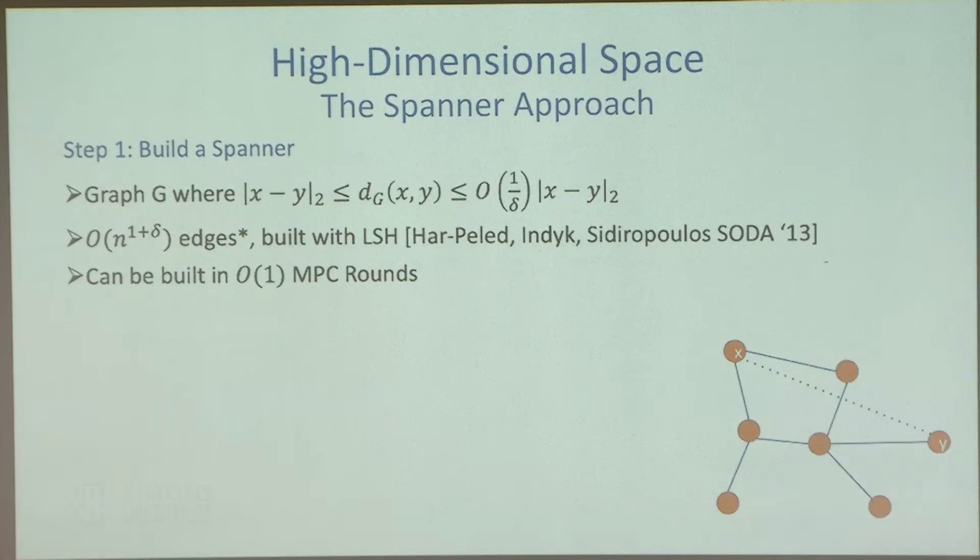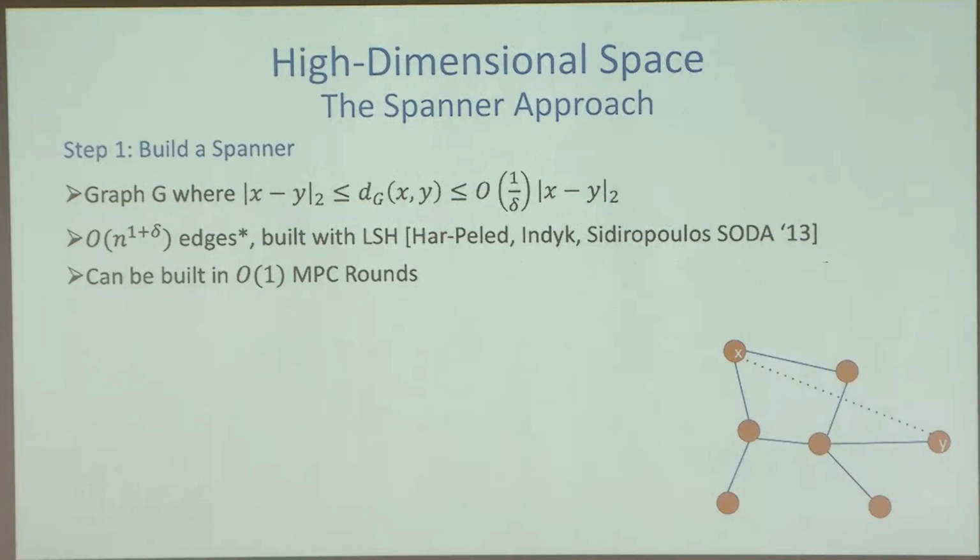Let me briefly introduce the spanner-based approach. We want to build a sparse graph such that for any two nodes in this graph, their shortest path distance is a good approximation of their original Euclidean distance.